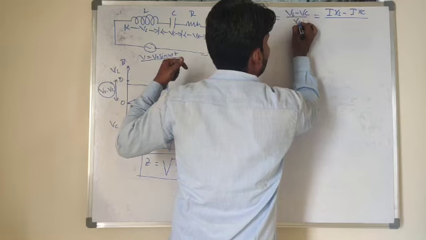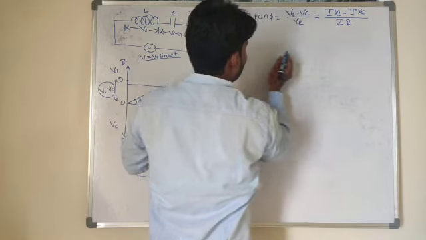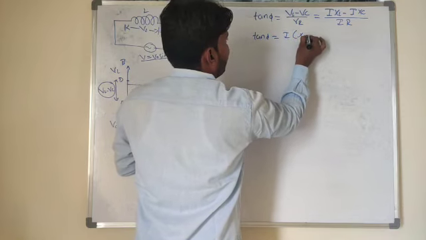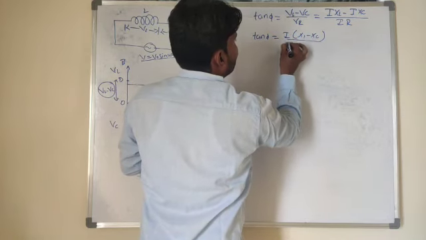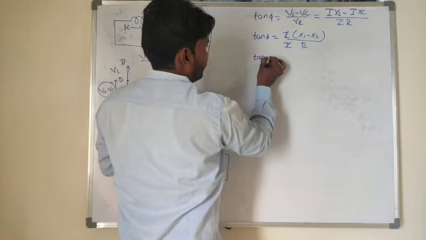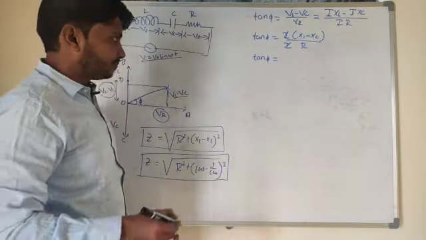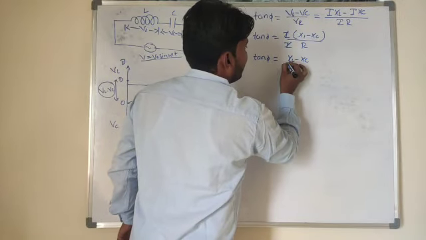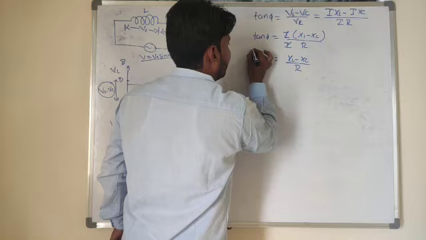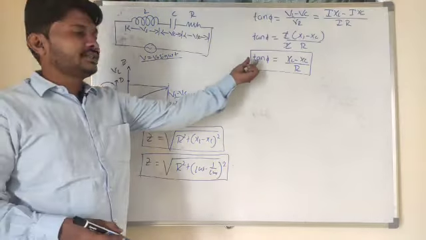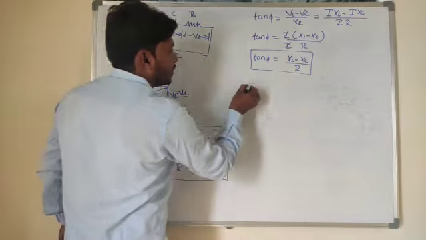V of R is I into R. So tan phi is equal to X of L minus X of C divided by R. This is the required expression for the phase difference.